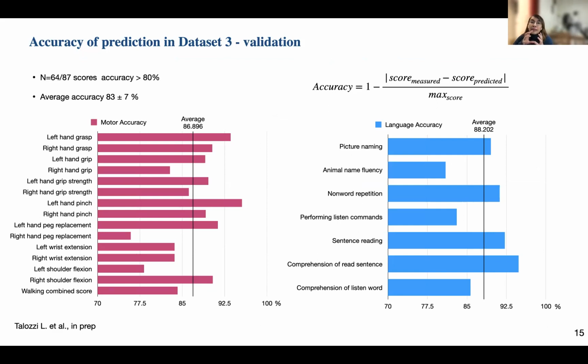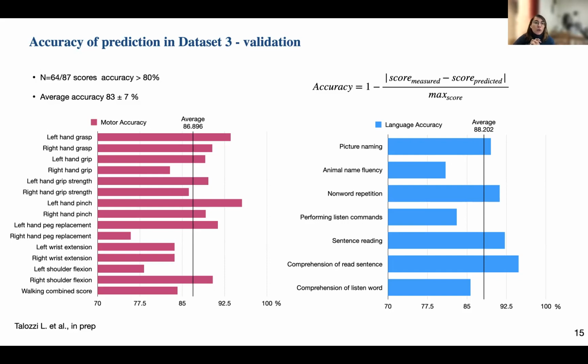And we normalized this error based on the maximum value obtained in the score performance. We then subtracted this error percentage score from 1 to obtain the accuracy of the prediction.